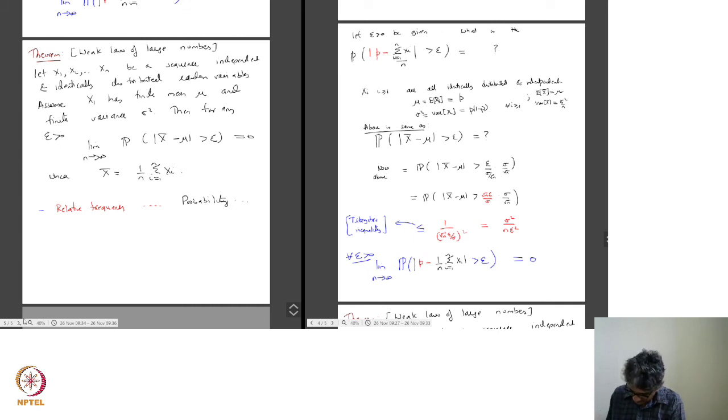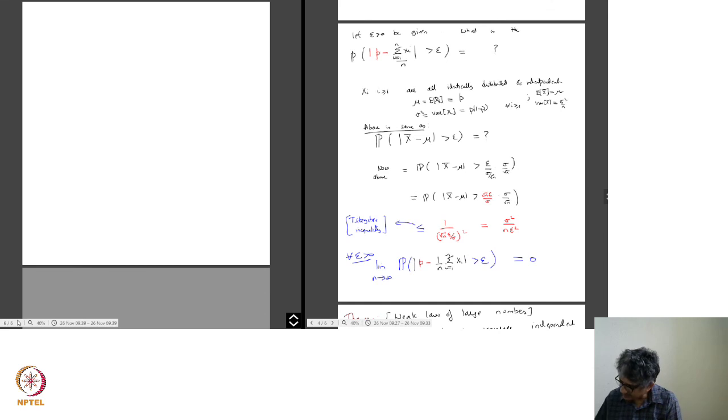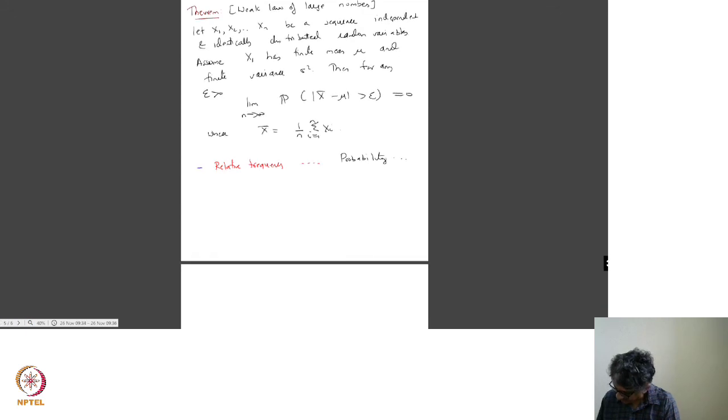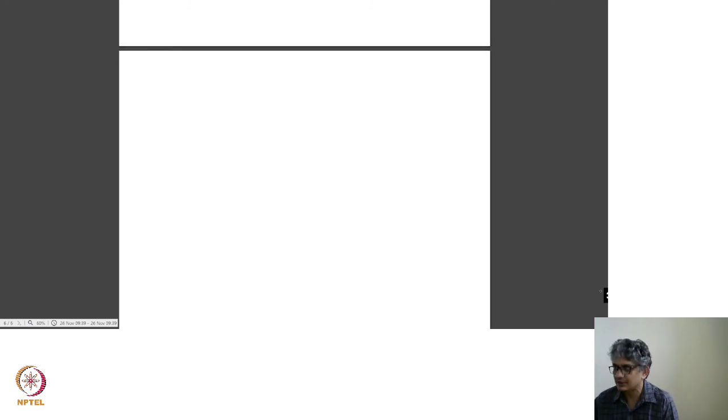Now I'll conclude this section by saying the following, that this above statement is true in a much more general manner. So we can come back here, make it bigger. What's actually true is a stronger statement.